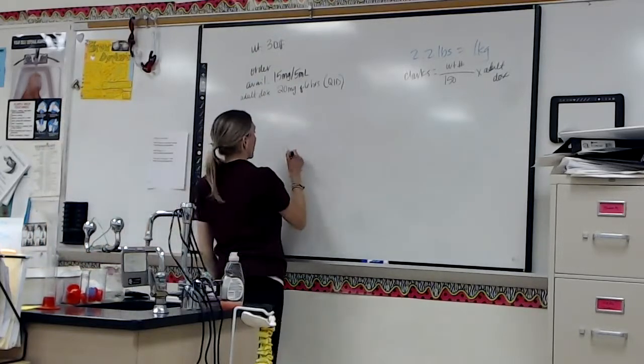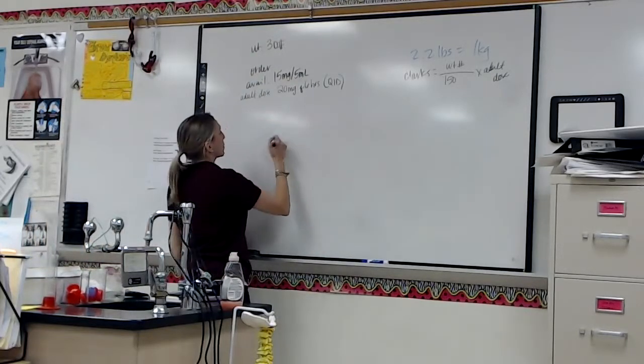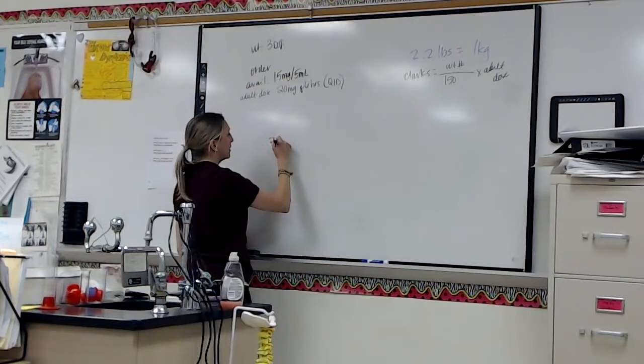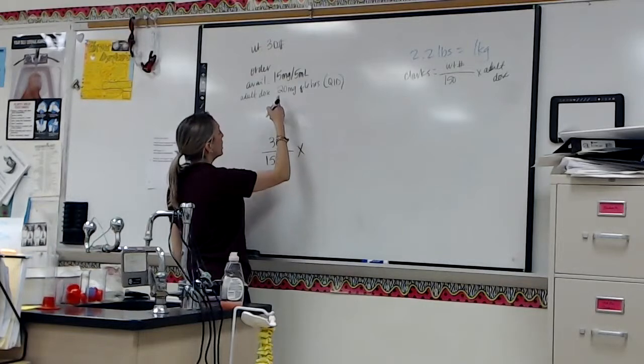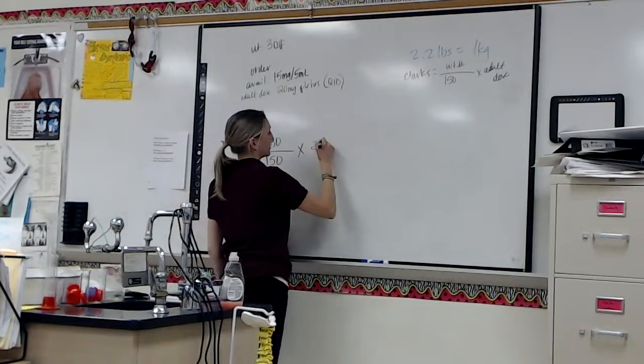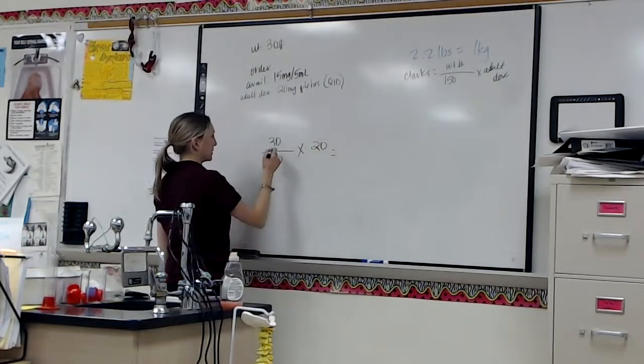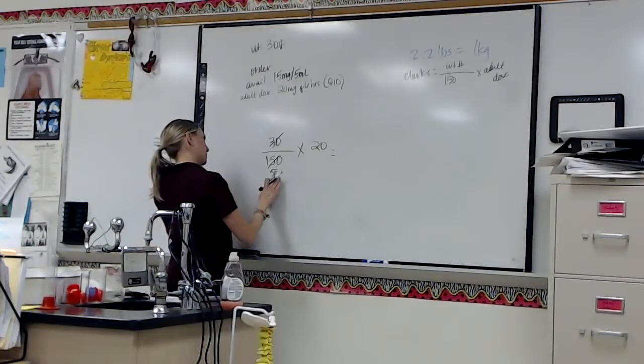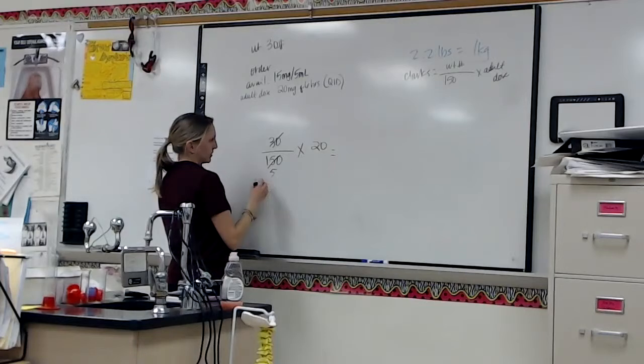Okay, so if I follow Clark's rule, I put their weight in pounds. So 30 over 150 times the adult dose. So one dose of this is 20 milligrams. Oopsie. So this is 1 over 5 times 20.